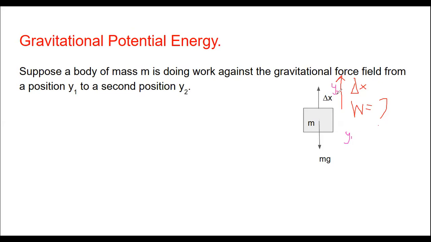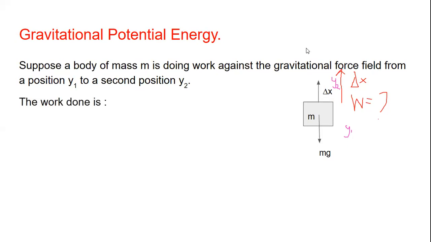So it undergoes a displacement from y1 to y2. You pick it up from y1 to y2. What work is being done? So the work being done is given by W is equal to minus mg, y2 minus y1.